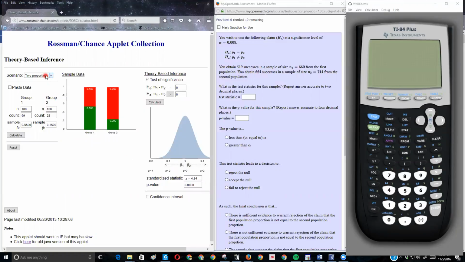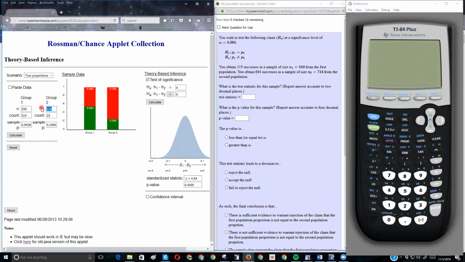So I've got two proportions already selected in Rossman Chance, but I'll do that again. I've got 550 for population 1, and there were 519 successes.